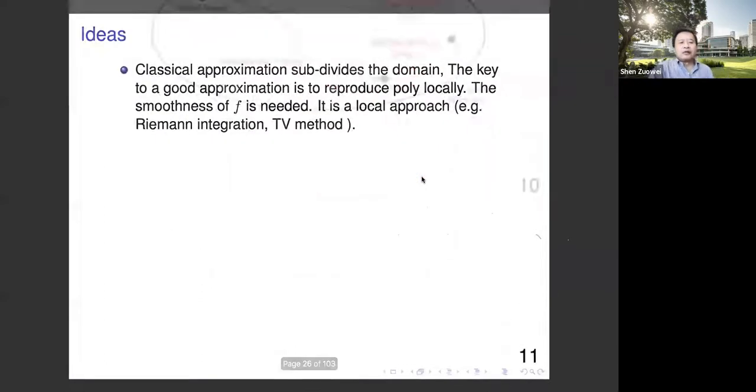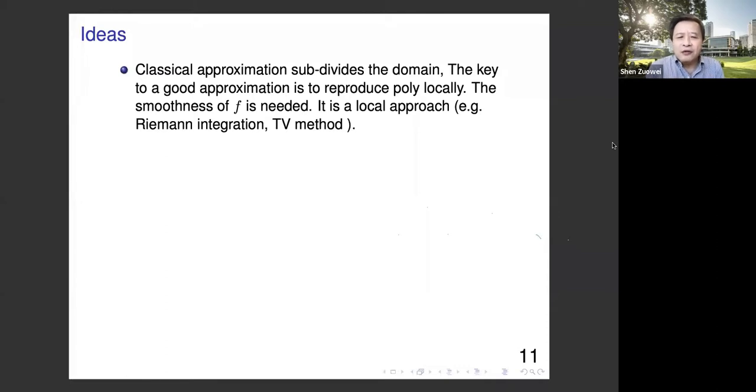Before I start, I'll talk a little bit about the idea. The key difference between what I'm talking about here and what classical approximation has done. The key component of classical approximation theory is very simple.